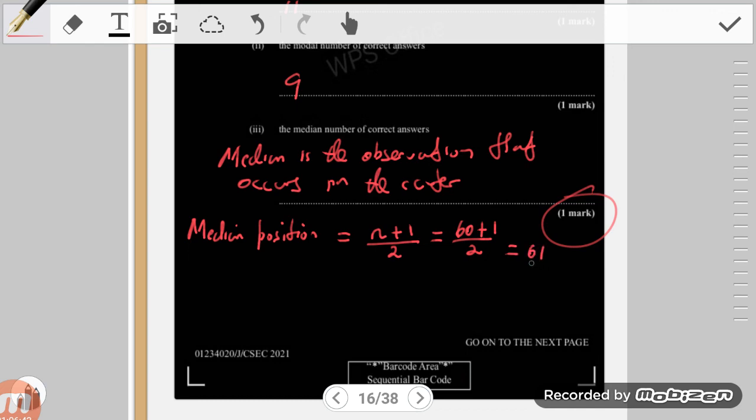That works out to be 61 divided by 2. So the median is located at the 31.5th position.